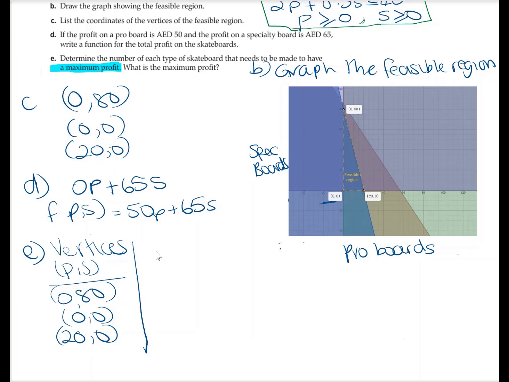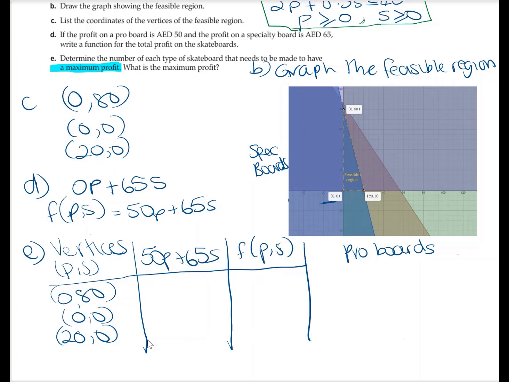So we've written our function of 50P plus 65S, and then our final part will be F of P, S. So let's fill in our values.